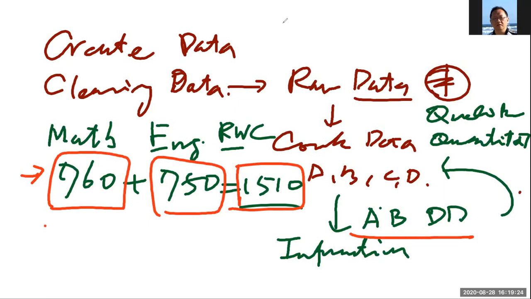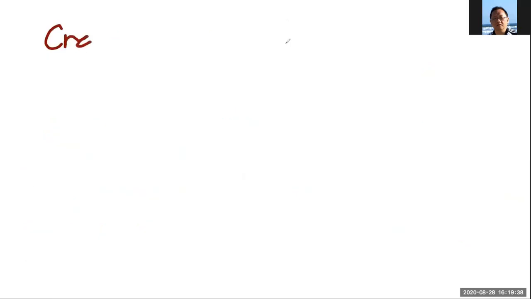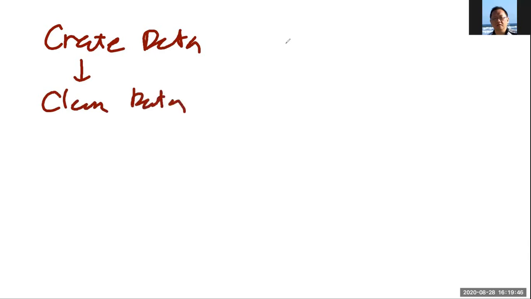And this first information we collected to our computer, right? And then this year we had 2 million students, so we create a big file. So from here, let me clean everything, okay? Number one, we create data. Number two, we clean data, right? And after we clean data, we will get raw data, okay?